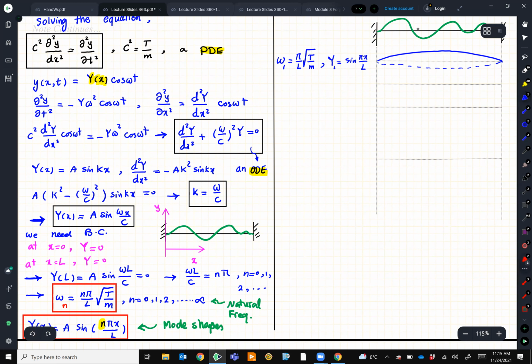Second natural frequency, let's call it omega 2, is 2 pi divided by L square root of T over m, and y2 is sine 2 pi x over L. Look at the 2 pi x over L, it's a complete sine and has a different form. This form.